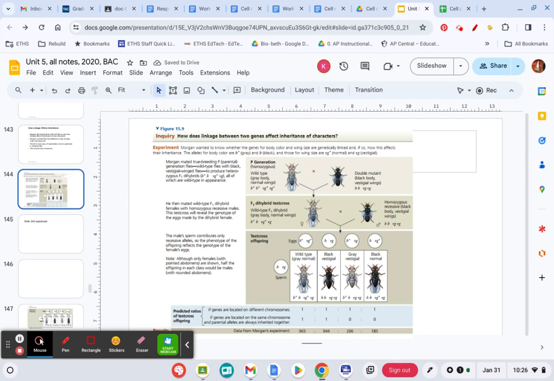So, small picture. Let me make some of this bigger. We've got two parent flies. One is homozygous for two traits and has the dominant trait, which is a gray body, and normal wings.